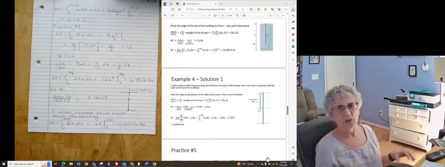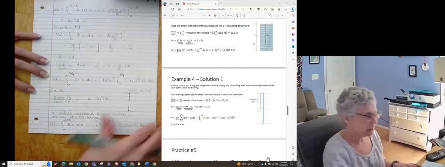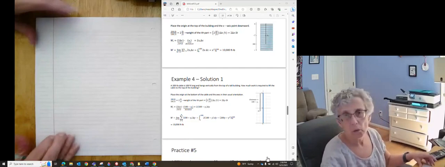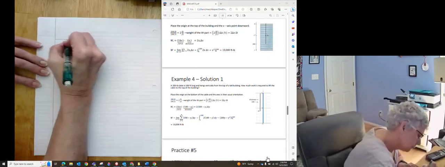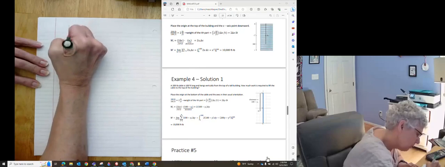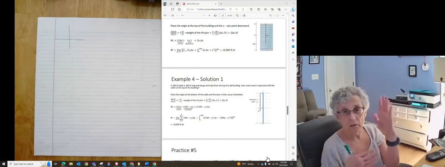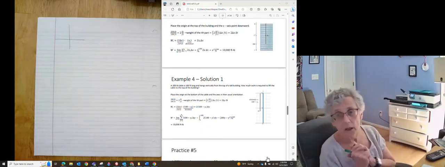Now, maybe you don't like flipping things upside down. I kind of like having my origin where the origin always is, with the positive x-axis going to the right and the positive y-axis going up.